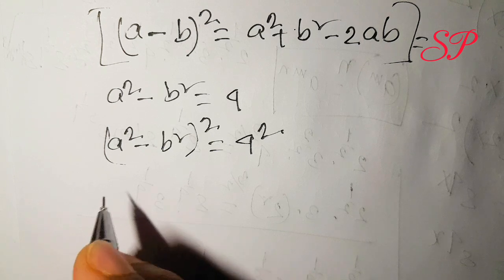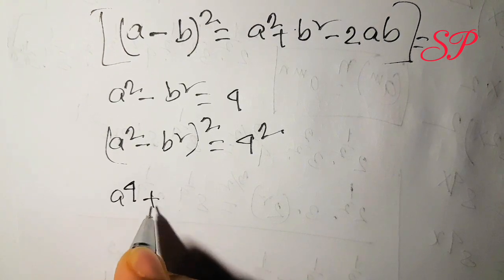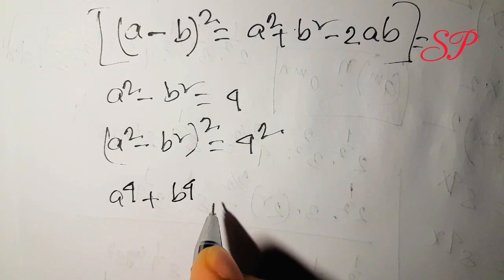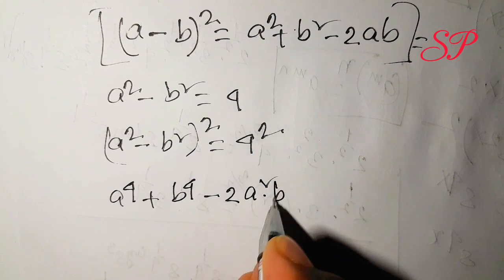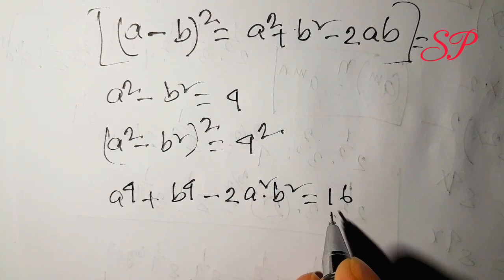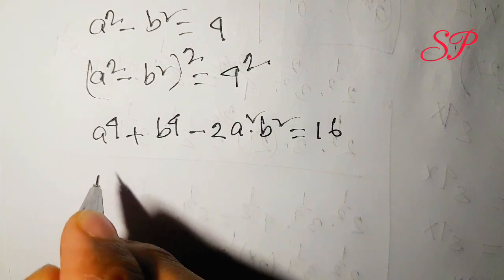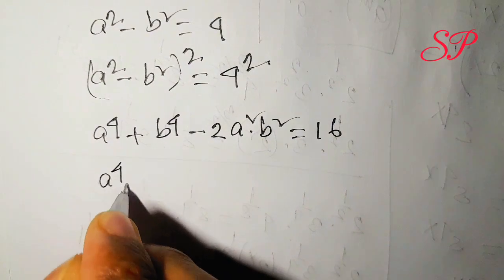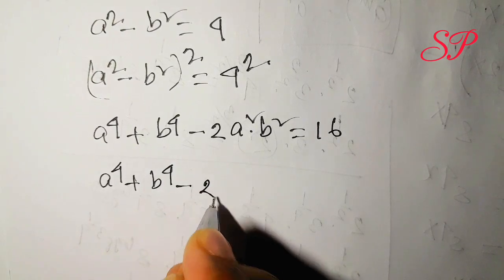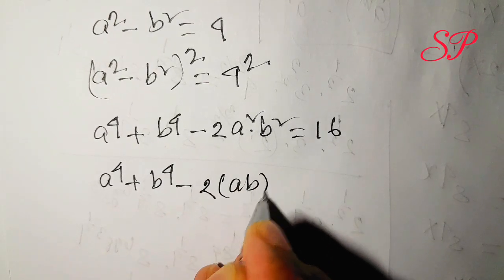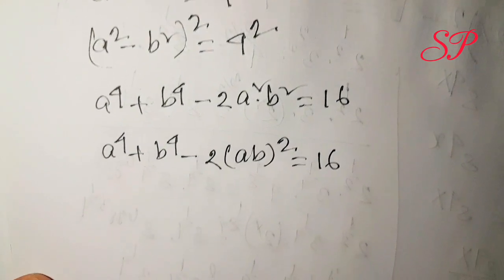Let's go. a to the power 4 plus b to the power 4 minus 2a square b square is equal to 16. Then we can write a to the power 4 plus b to the power 4 minus 2ab all square is equal to 16.